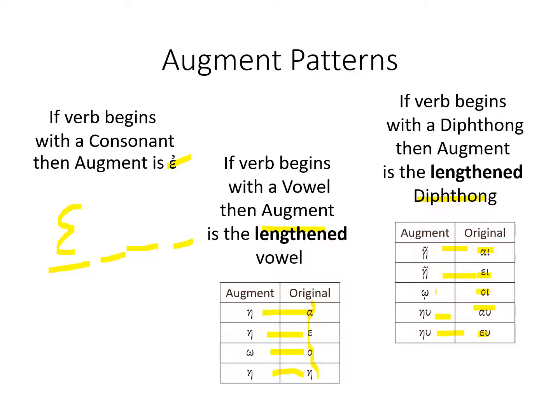And these last two are just very rare. But these others here, especially this pattern, just the addition of the epsilon, the lengthening of the vowel in this direction, and then these three diphthongs are more common.